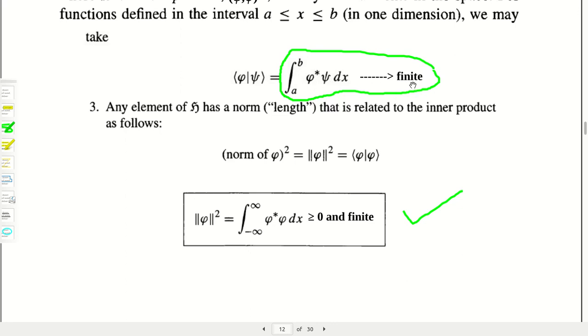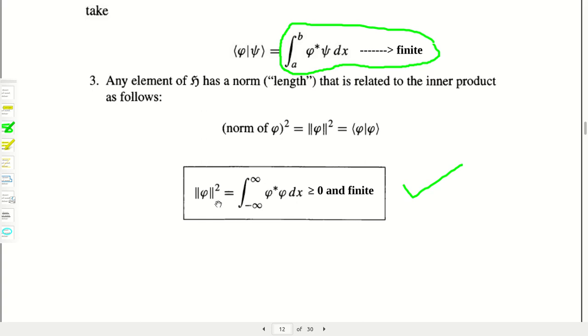It is not written here that it is positive; it may be negative. But if you take the inner product of two same vectors, a vector dot a vector, it cannot be negative because it is a square, so it is always positive. Here you can see the norm of the function phi, the integral of phi star phi dx from a to b, is greater than or equal to 0, that means positive.